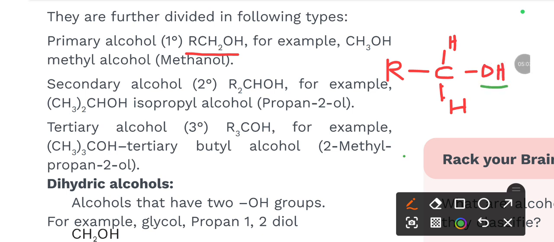This OH is attached to carbon. This carbon is further attached to one carbon only. The other two groups attached to the carbon are hydrogen. So this central carbon is attached to one carbon of the alkyl, that is R. That is why it is called 1 degree or primary.